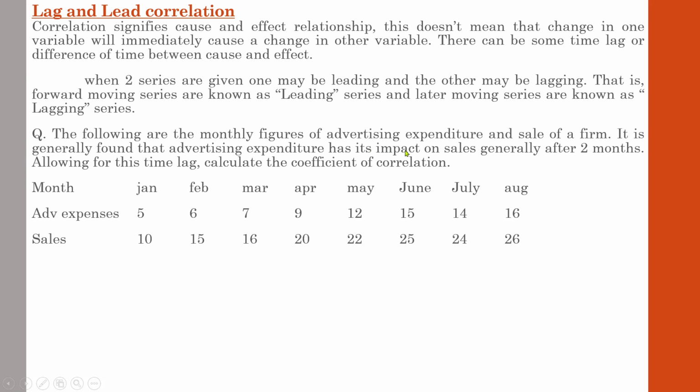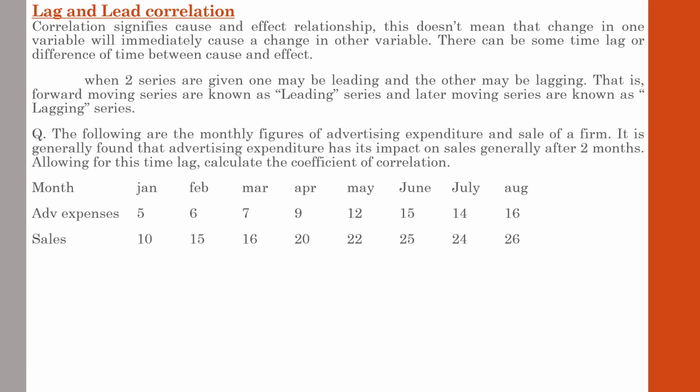In the question it is specifically said that the impact of an advertisement on sales generally takes effect after 2 months. That is, if I have spent rupees 5 in January, I will have the effect of this rupees 5 only after 2 months. You will have an increase in sales not in the same month, but only after 2 months, 1, 2 here.